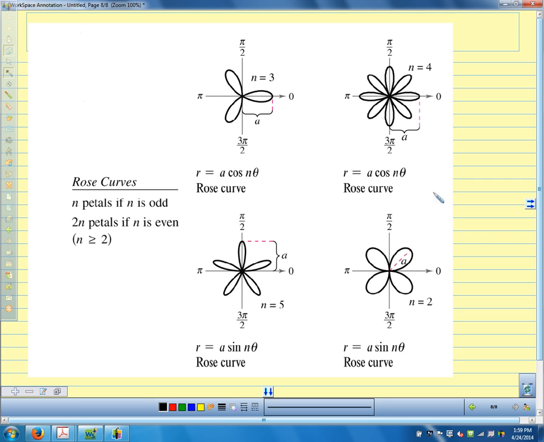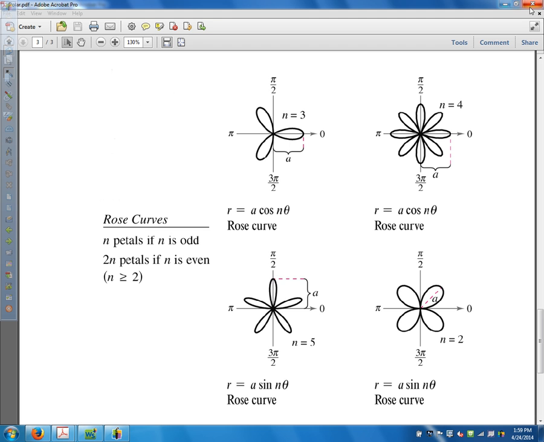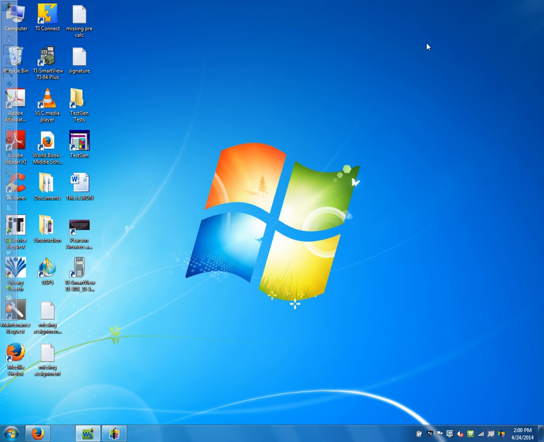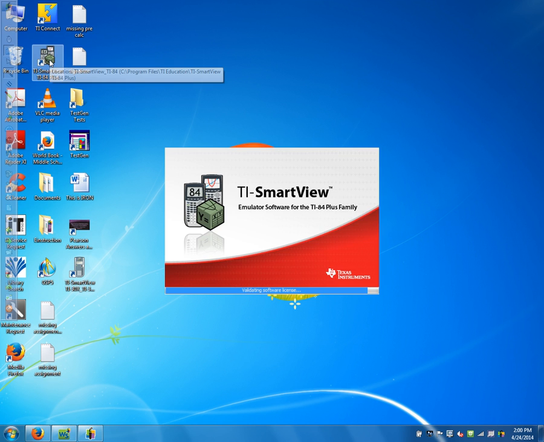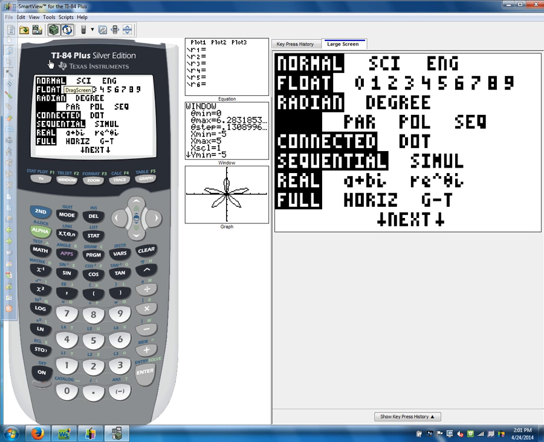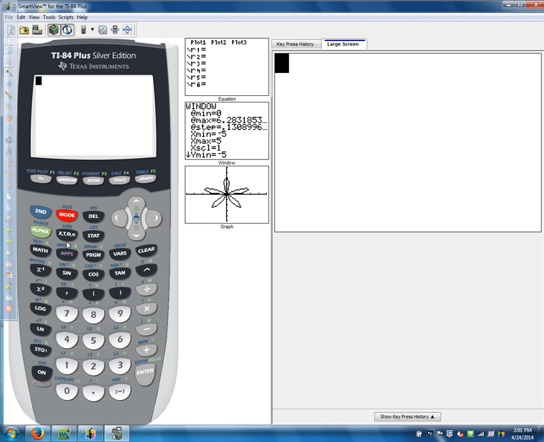All right, last thing I want to talk about, calculators. Let me pull this up, and we'll talk about how we do these polar equations in our calculator. We're going to hit our mode button.